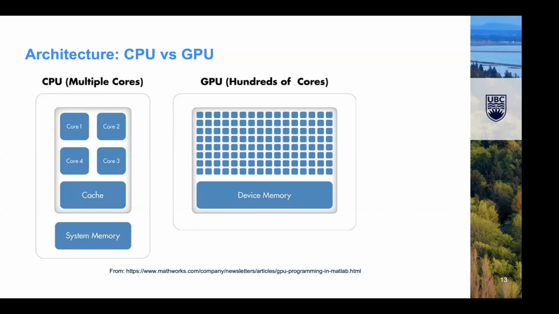I just want to throw that out there because the cache is referenced here. But what we're really going to be focusing on is the fact that the CPU is good for sequential operations, with good beefy cores and not a huge number of cores. It also has access to your system memory, so your RAM.